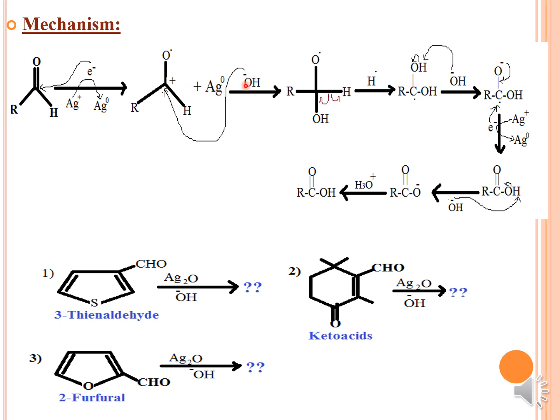Okay, and then there is an attack of a nucleophile, which is the NaOH we are taking over there, so that is your base. The attack of the base OH minus will take place on the carbocation, and then you will get back this structure. Alright, and then there is a homolytic cleavage between the carbon and the hydrogen bond, and there is a formation of one radical over here.